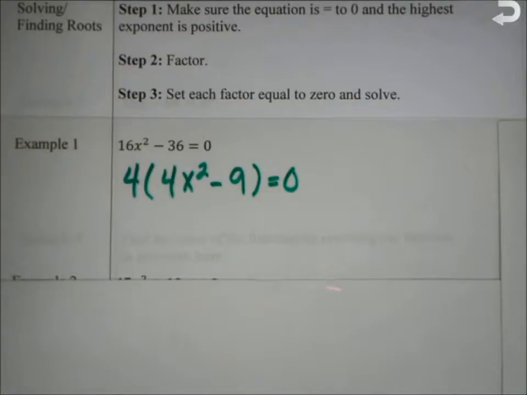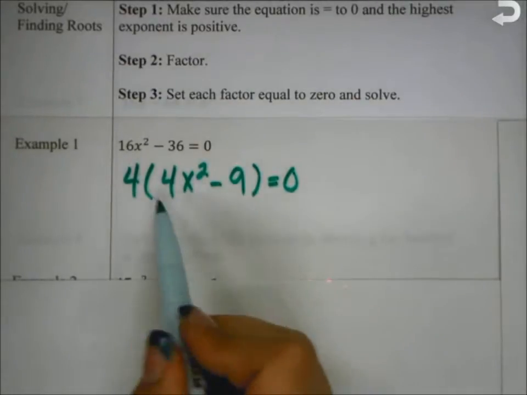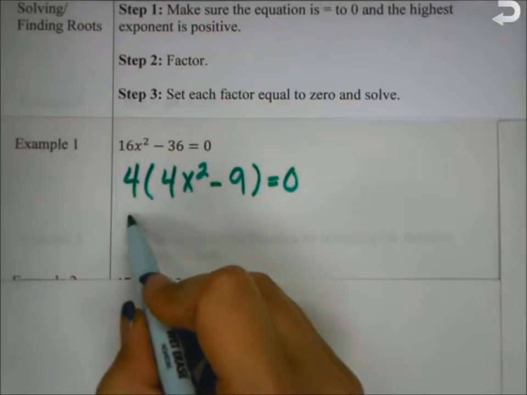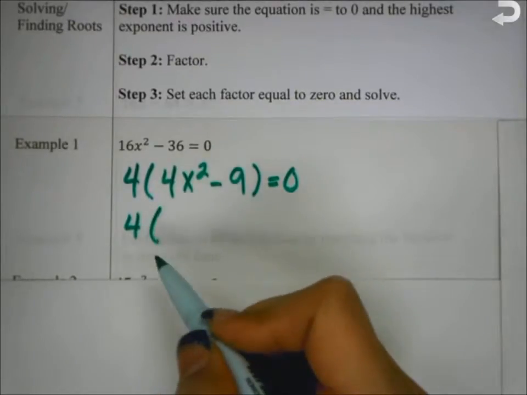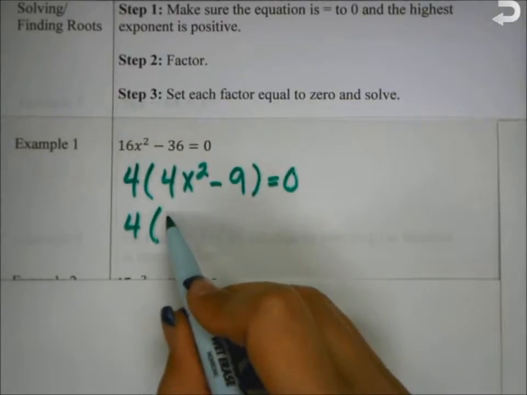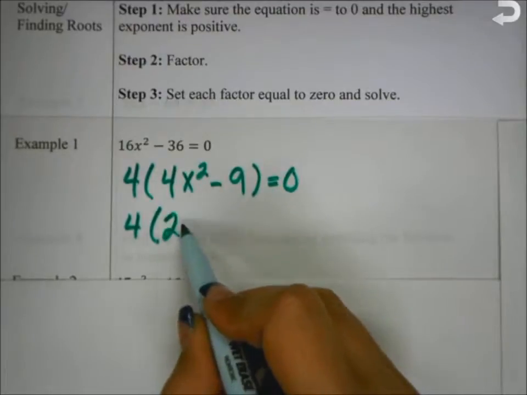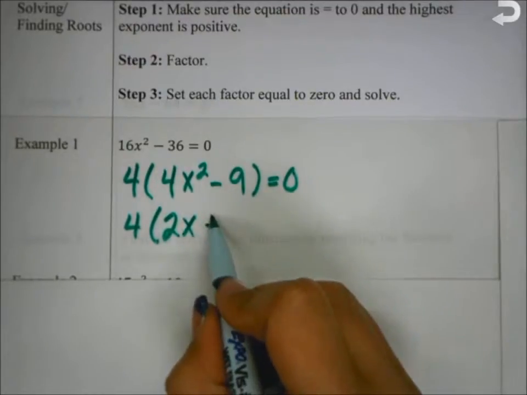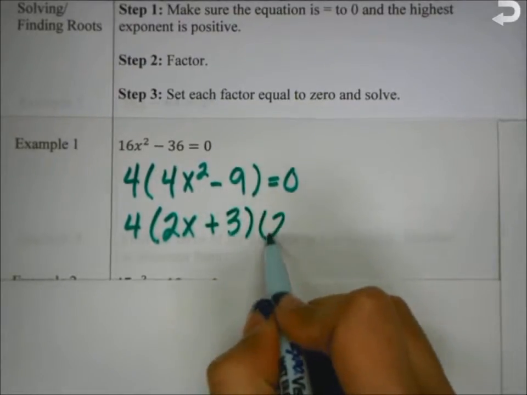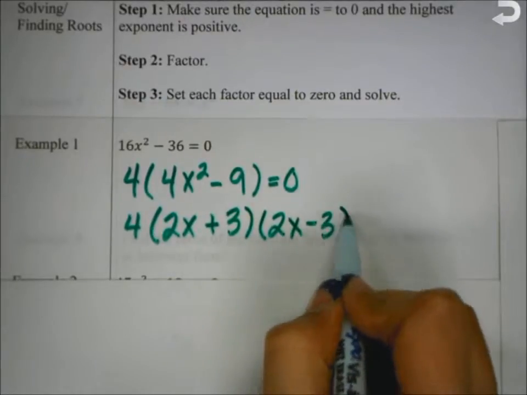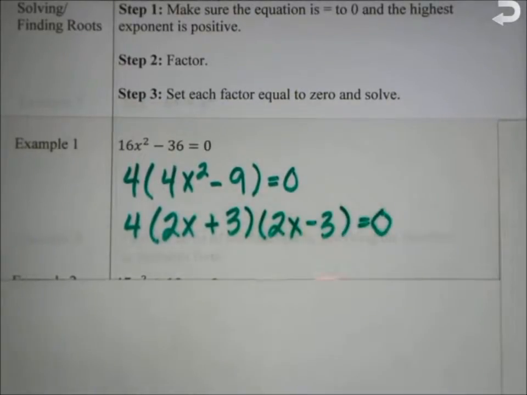Okay, and can we factor this thing? Yep. It's a difference of 2 squares. So we keep the 4 out, and we take the square root of 4x squared, which is 2x plus 3, 2x minus 3. All of that equals 0. So that's step 2. We just factored the whole thing.